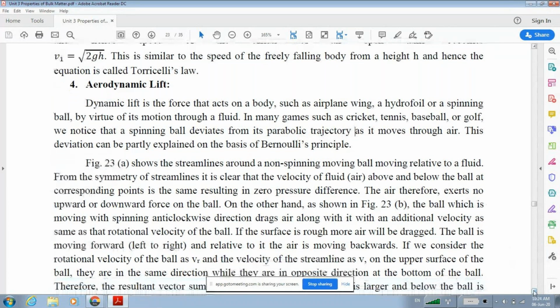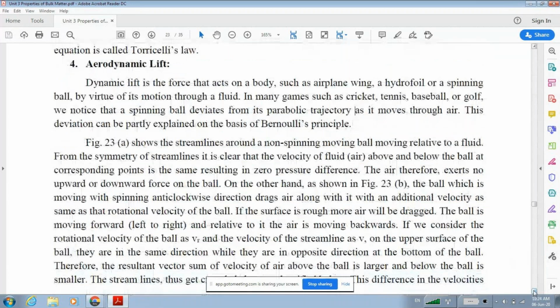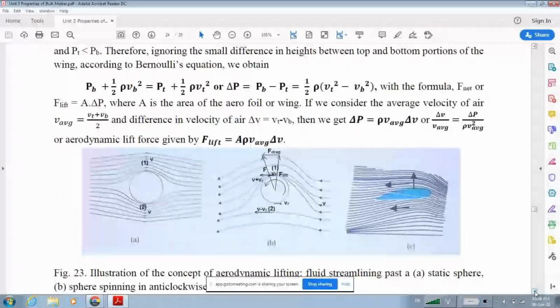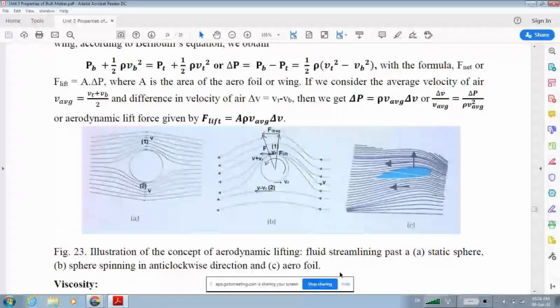For example, if you see the figure here, look at 23A. So this is a ball, non-spinning. The ball is not spinning, and let us suppose it is moving from left to right through the air medium. Here the air streamlines: what is meant by a streamline?